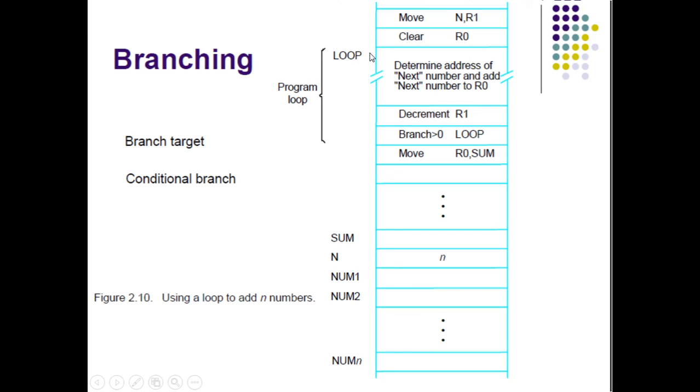So this is the case of branching. We need to break the sequential program execution and make certain changes over the current PC value, so that if the condition is true, the PC points exactly to the branch target location, this particular location.